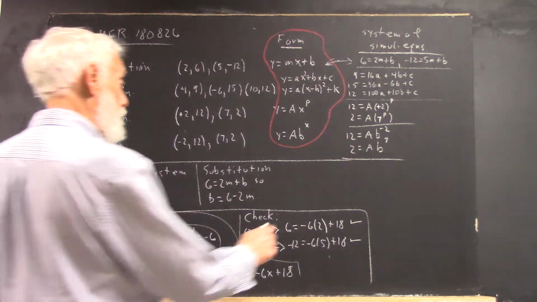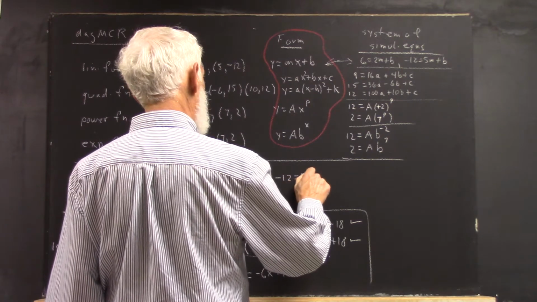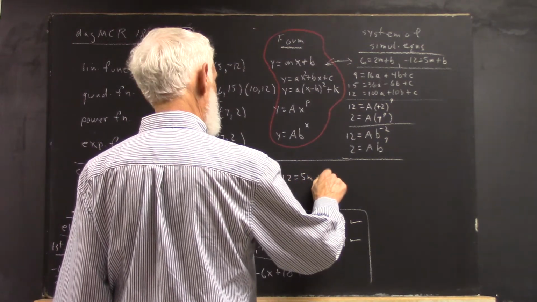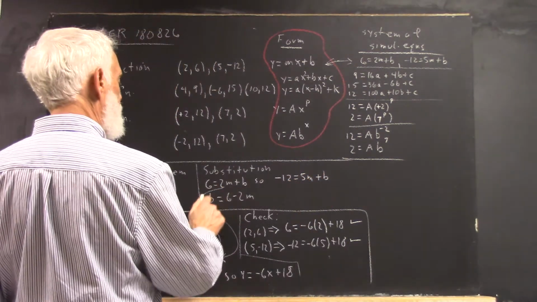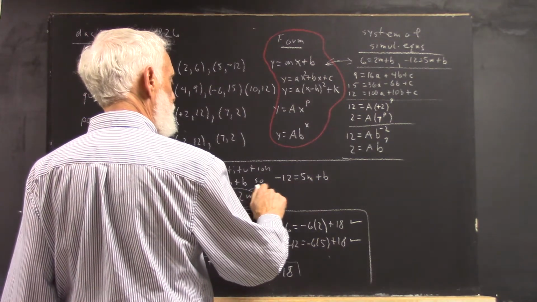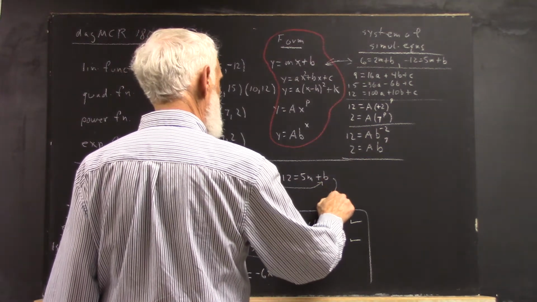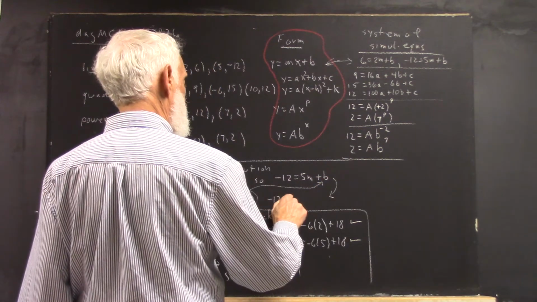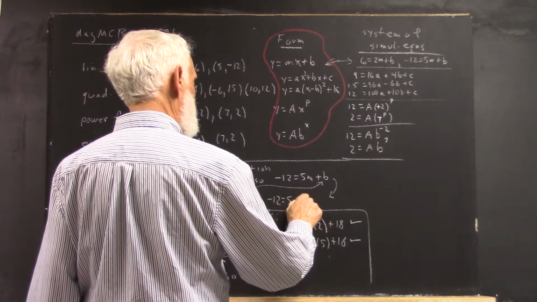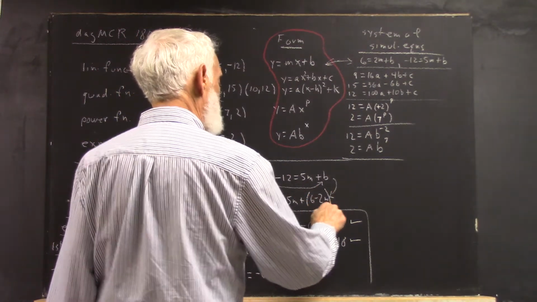Our second equation is negative 12 equals 5m plus b. We plug this expression for b in here, and we get negative 12 equals 5m plus the quantity 6 minus 2m.